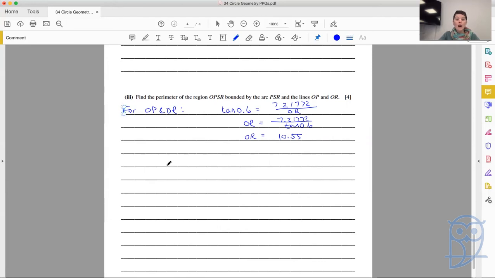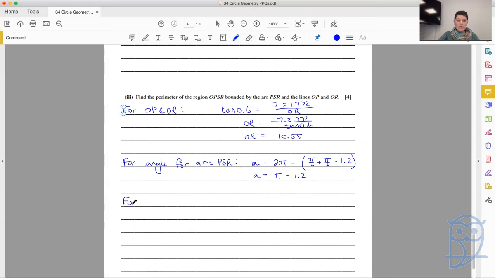For our arc, let's just put it here. We said that angle equals 2 pi minus pi over 2 plus pi over 2 plus 1.2. So the angle equals pi minus 1.2.